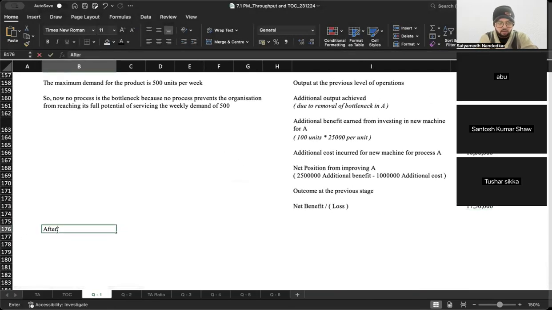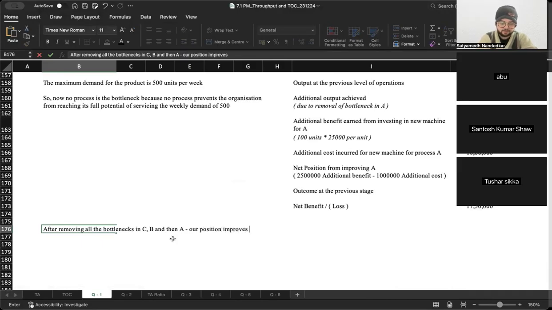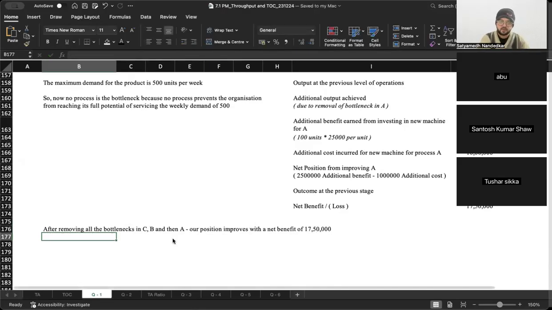So after removing all the bottlenecks in C, B, and then A, our position improves with a net benefit of 17 lakh 50,000.